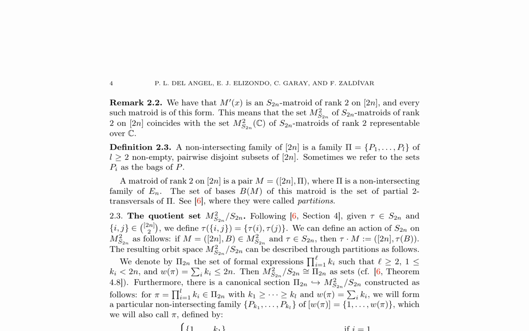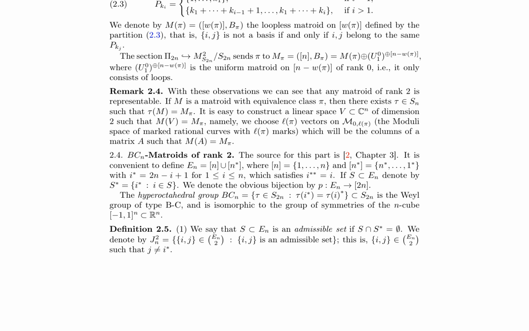The symmetric group S2n acts on M_2^{S2n}, yielding an orbit space isomorphic to the set of partitions pi_2n. A canonical section from pi_2n to M_2^{S2n}/S2n is constructed, allowing for the definition of a loopless matroid M_pi for each partition pi.